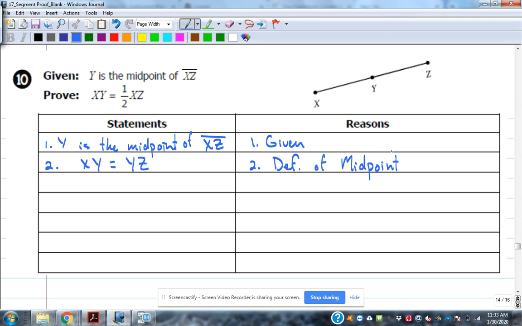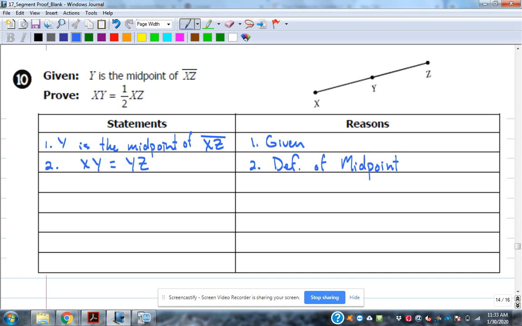All right. So if XY is equal to YZ, then we're trying to prove that XY is equal to 1/2 of XZ. So XZ is what of our picture? The whole segment. So statement 3 should be, we got to build that whole segment at some point here, right?